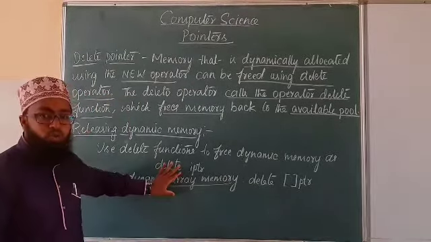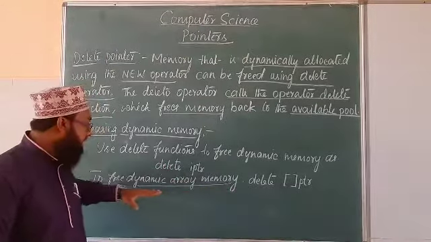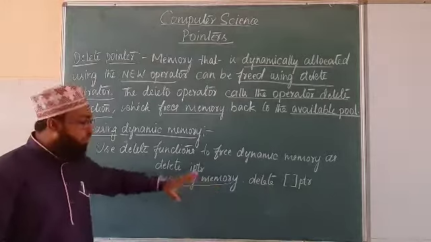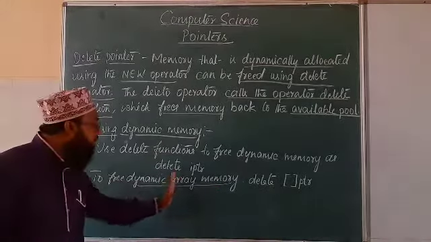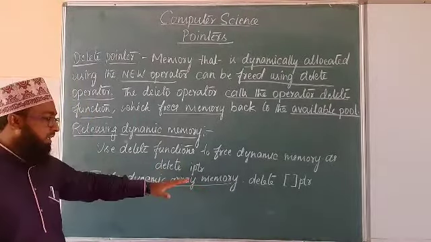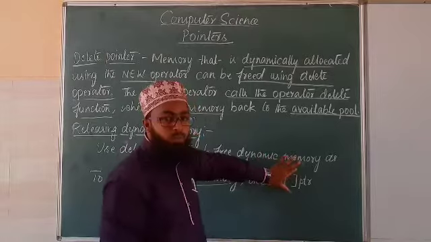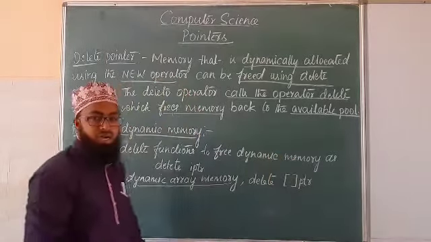If arrays are stored dynamically in the memory, this is called dynamic array memory. For freeing, meaning removing arrays from the memory, we use delete, then the array brackets, then the pointer.